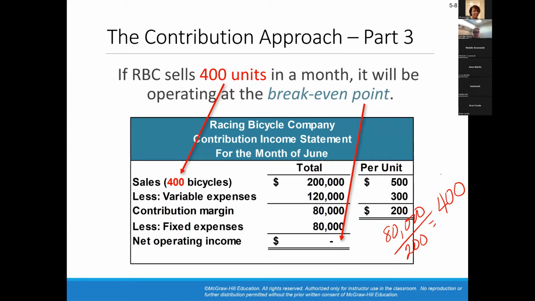So I'm just going to check it real quick. Yeah. So this is my fixed. This is my contribution margin. So all I did was say, okay, if I divide that into that 80,000, how many units do I need to sell in order to break even? And so it's 400 bicycles. So that's my break even point.